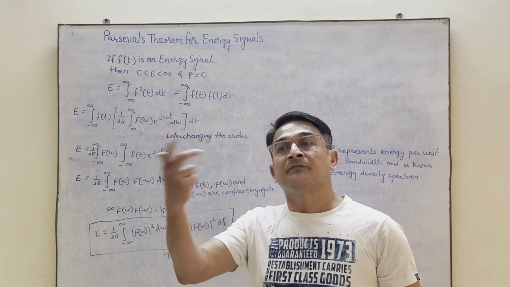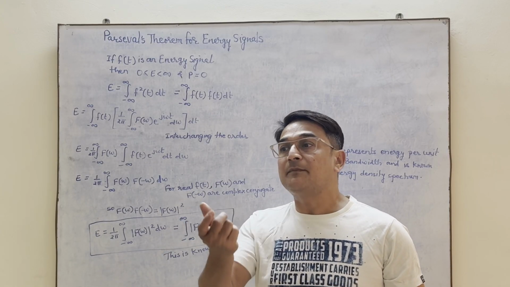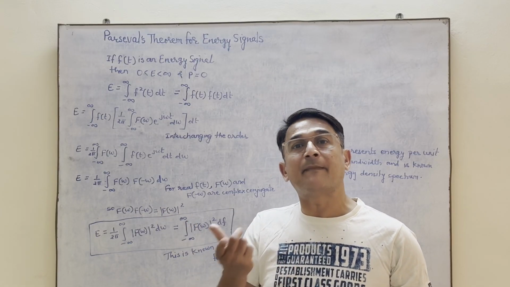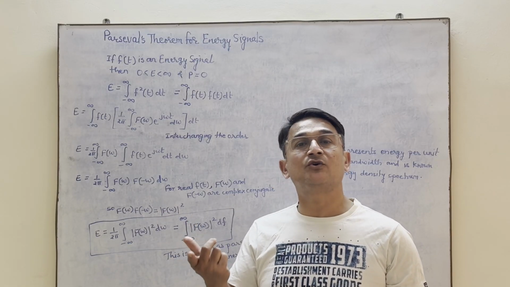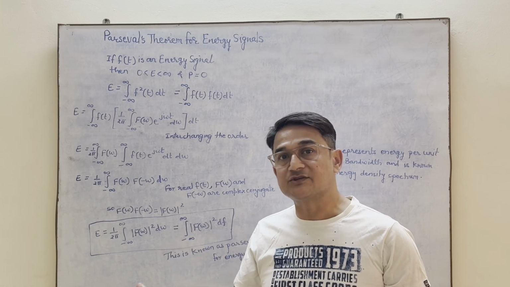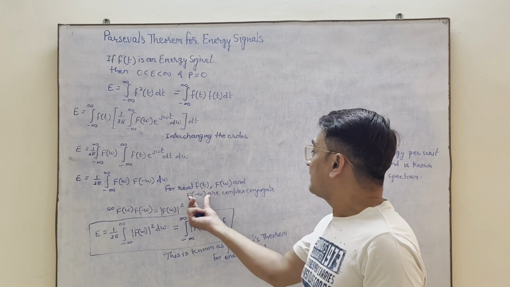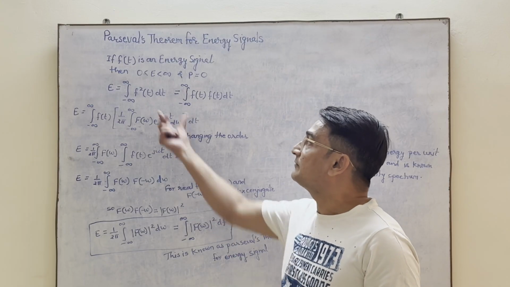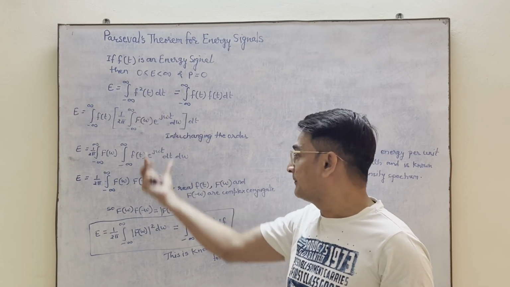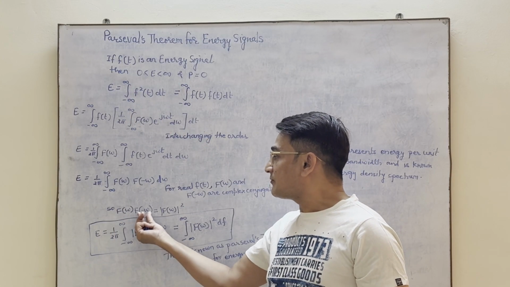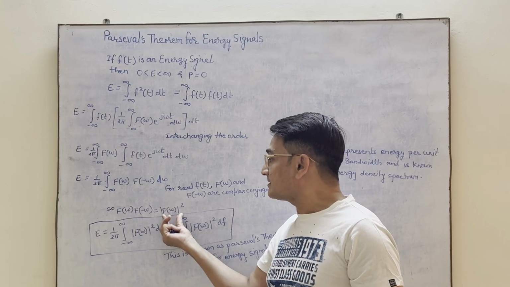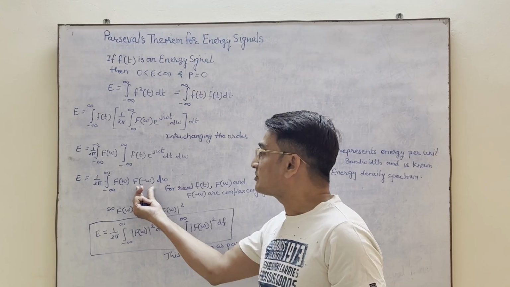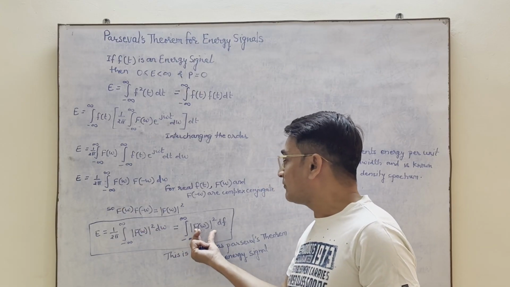That means if you take the mod of that, a plus jb will give you under root of a squared plus b squared, and a minus jb will also give you under root of a squared plus b squared. So F(omega) and F(minus omega) are complex conjugates of each other if the function f(t) is a real function. So F(omega) and F(minus omega) can be written as mod F(omega) whole squared. So instead of F(omega) F(minus omega), now I will write mod F(omega) squared.